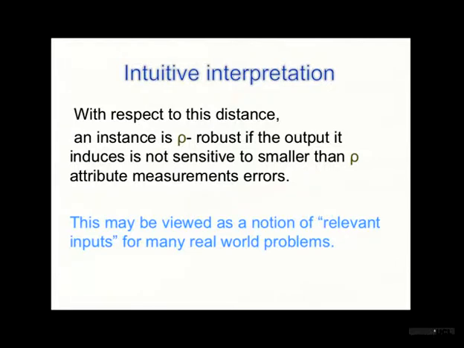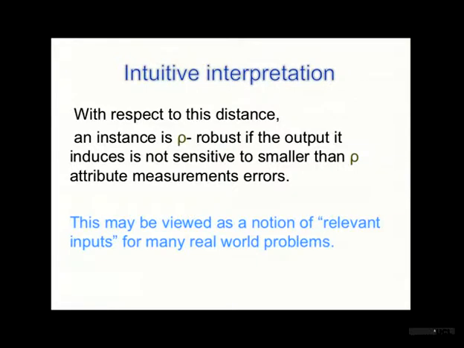Because you can think of how I got from instance I to instance I prime. If my measurement has measurement errors, then I'm likely to have additive inaccuracies. So I think I'm looking at an instance I, but actually I'm looking at an instance I prime, which is additively close to it.